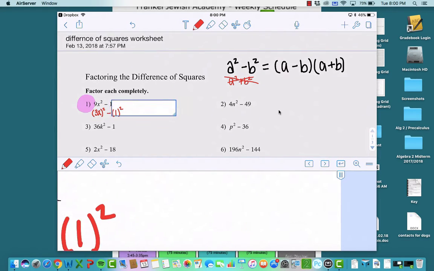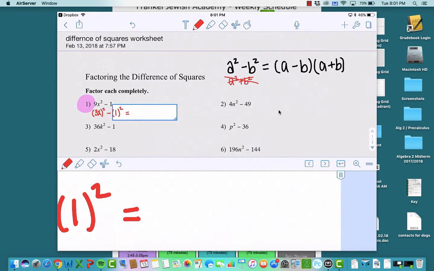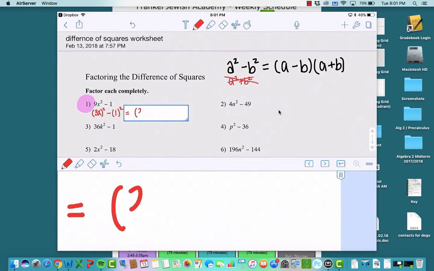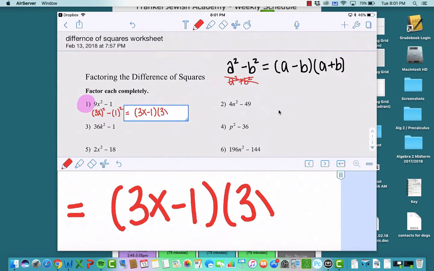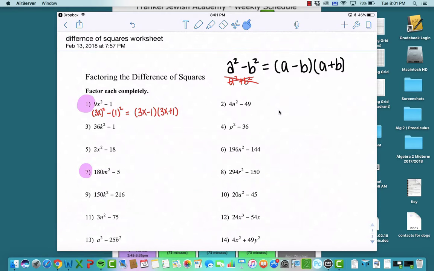So when I plug this into the formula, because now I have something squared minus something squared, you get 3x minus 1 times 3x plus 1. And look, nothing to it. That's it. That is how you factor using difference of squares. There's nothing crazy that I can really throw at you.